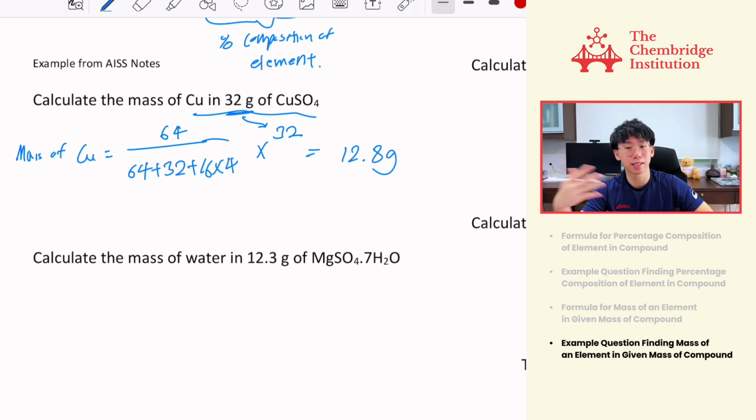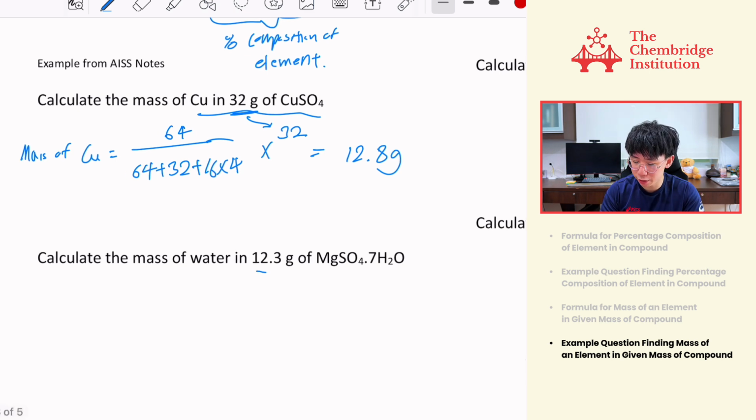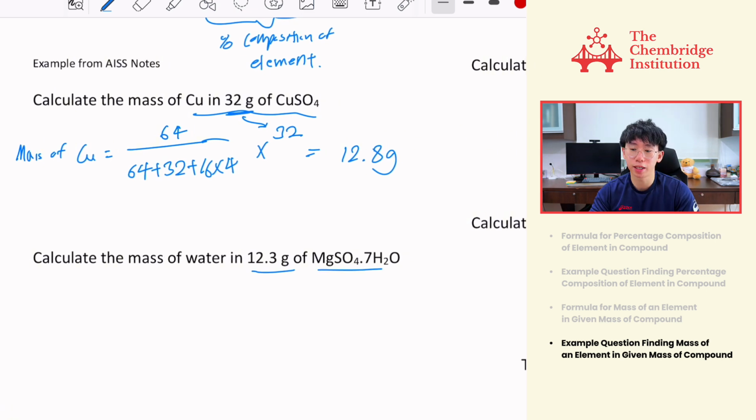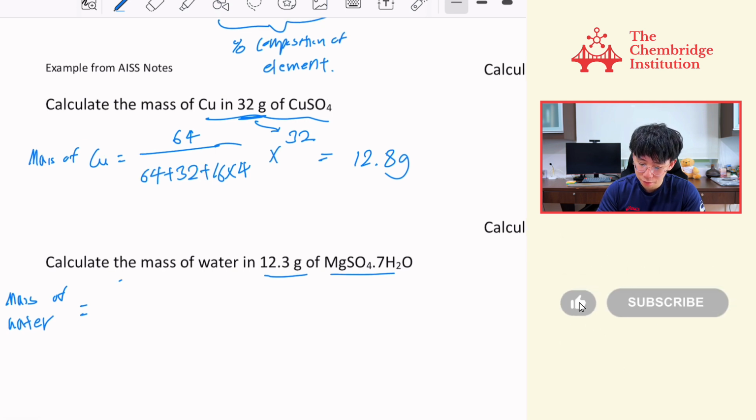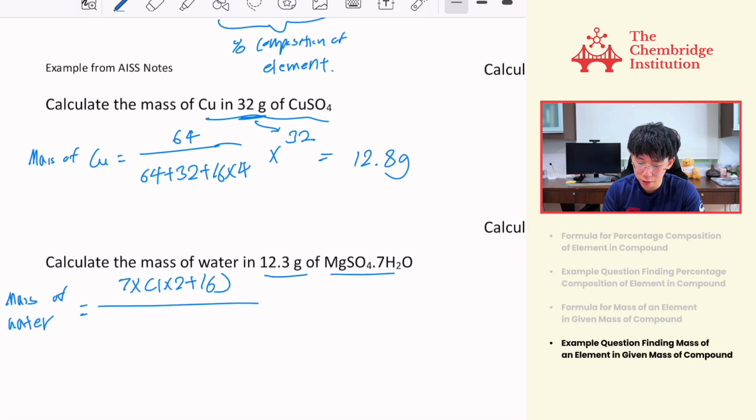Let's look at another example. Let's calculate the mass of water in 12.3 grams of magnesium sulfate 7H2O. Again we label, and you want to find the mass of water. So this is just 7 times, there are 2 hydrogens and 1 oxygen inside, and then you divide by the overall mass, which is magnesium at 24, sulfur at 32, 16 times 4 for the oxygens, and then plus 7 times 18 for the water.